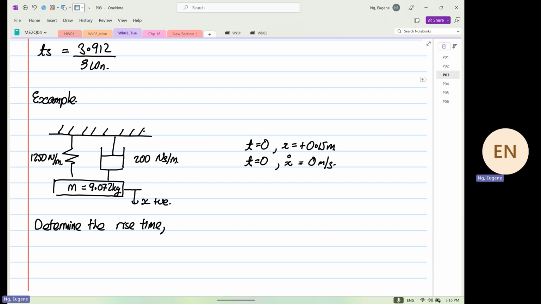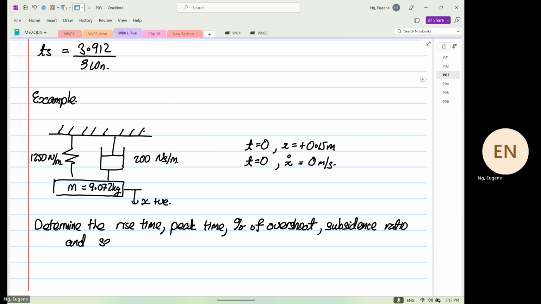We are also going to determine our peak time, the percentage of overshoot, next is our subsidence ratio, and finally, we are also going to determine our settling time at 2% of steady state.